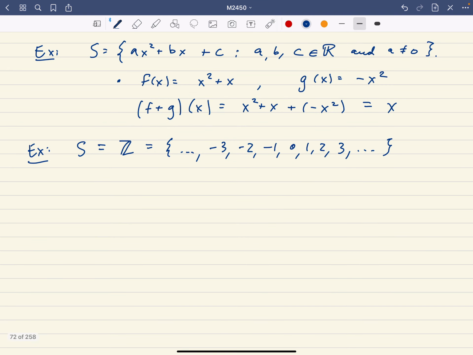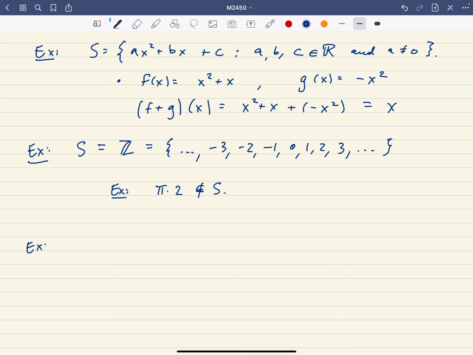But that's not going to work for the integers. So for example, if we were to take any real number, say pi or square root of 2 or e or even 1/2, and multiply that by, say, 3 or 2 or 1, say pi times 2 is not in S. That's not an element in S. And therefore it's not closed under scalar multiplication. Okay, so there's another example of a set that's not a vector space.